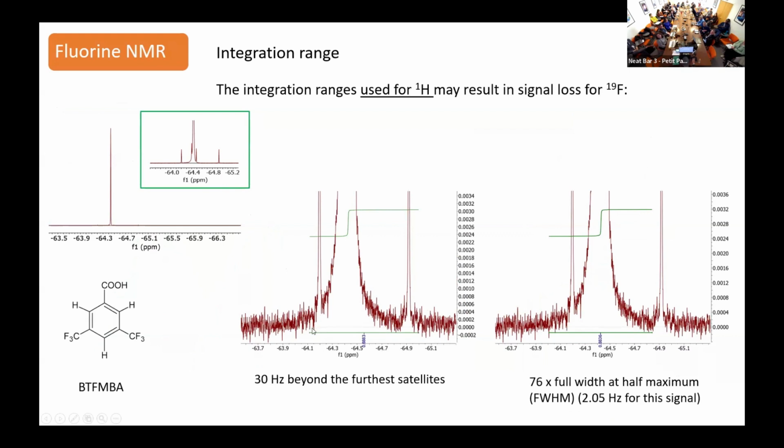If we use 30 Hertz beyond the furthest satellites, it seems okay to the upfield or right side, but to the left, we still have some peak area. I mean, the peak line didn't reach the baseline yet, and we would stop the integration here. We'll miss some signal. If we use 76 times the width at half maximum, then we would miss one of the satellites.